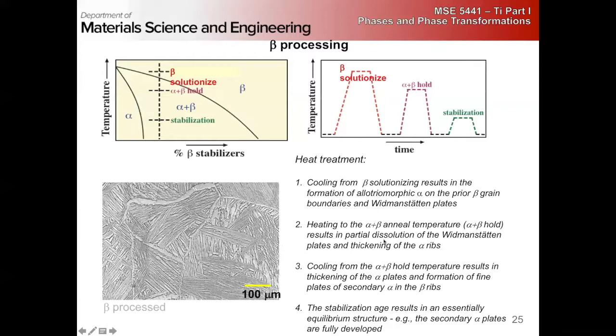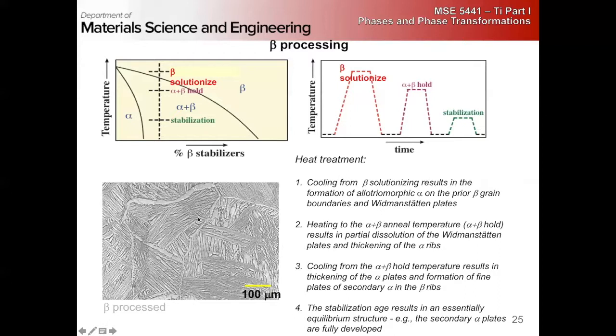We'll cool down and we'll thicken our alpha plates, and so now we have little beta ribs in between here, this dark phase, and then we form very fine secondary alpha in the beta ribs, right?